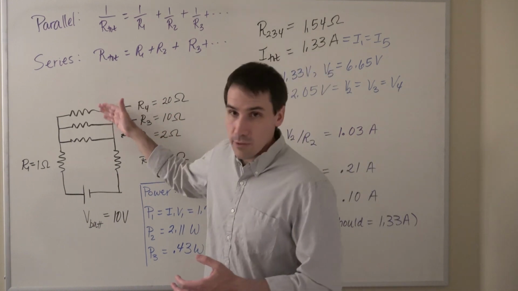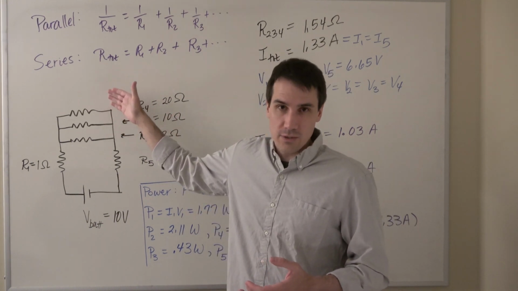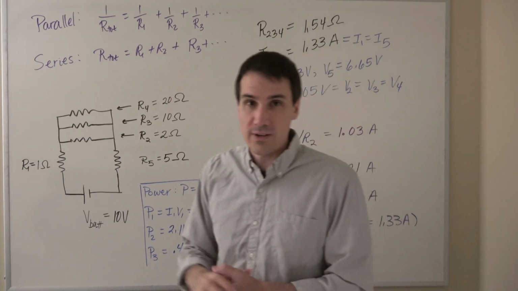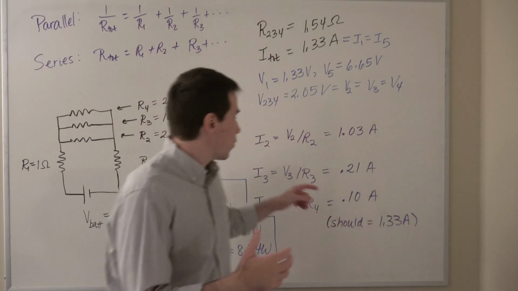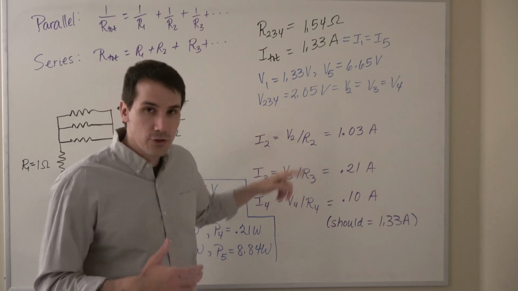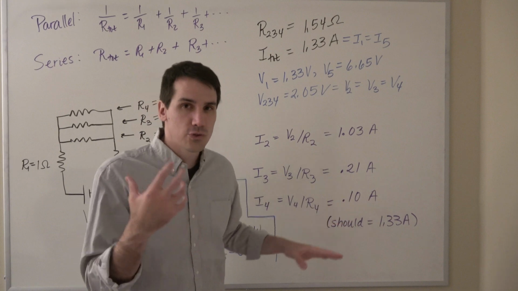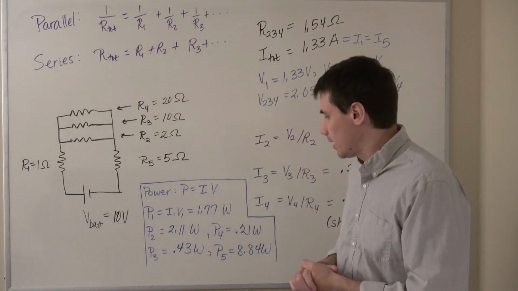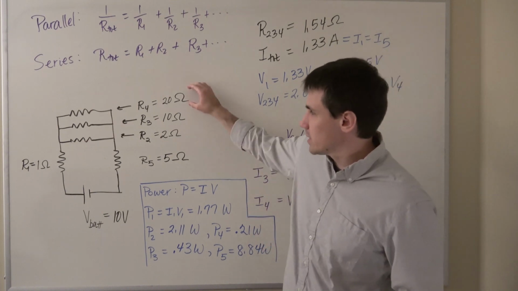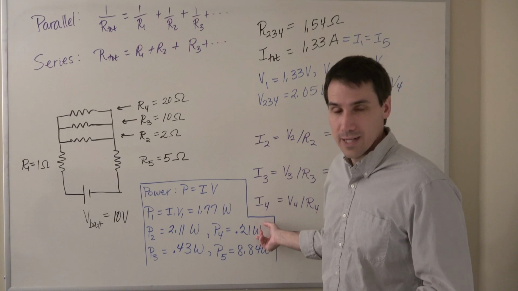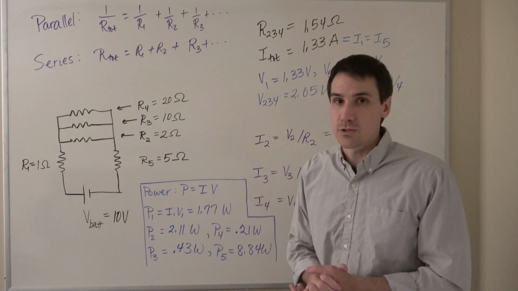You won't get 0 current through the 20 ohm resistor, but you'll just get less, right? Because you have the same voltage, but more resistance. You have the same numerator, but a larger denominator, leading to a smaller current, and therefore a smaller power output. So our very high resistance resistor in parallel has a very low power output, not many watts associated with that resistor.